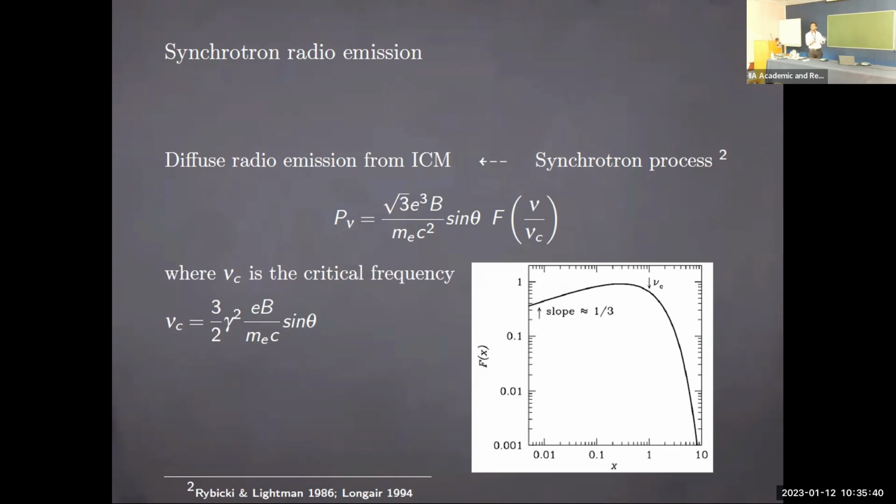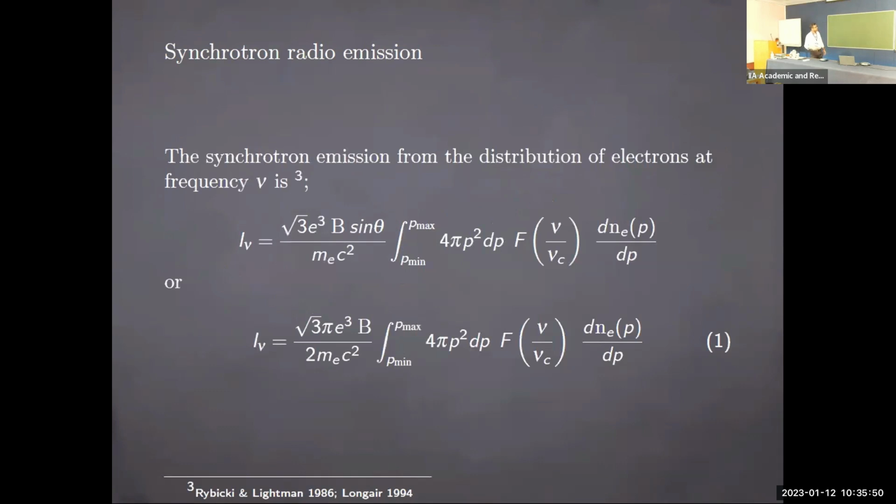Ideally, in the system, we have a distribution of electrons. So for getting the radio emission from that distribution, we take this equation. It involves the distribution of the electrons either in momentum space or in energy space. Here I am taking the momentum space.